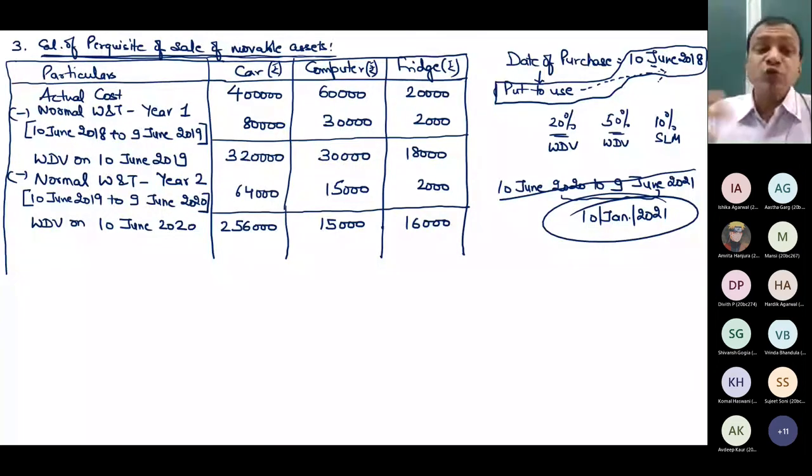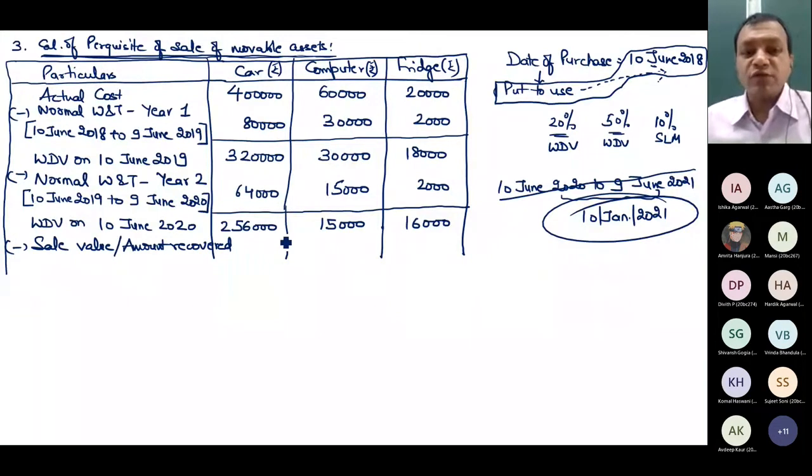So now they say at what value you purchased it. So what is amount recovered from the employee? If you really know the concept, then its sale value is nothing. It is just amount recovered from the employee, which you deduct from every perquisite. I can call it as amount. My value is 2,56,000, 15,000 and 16.